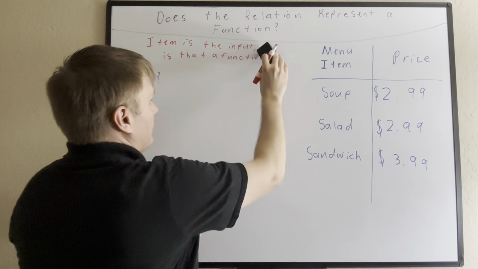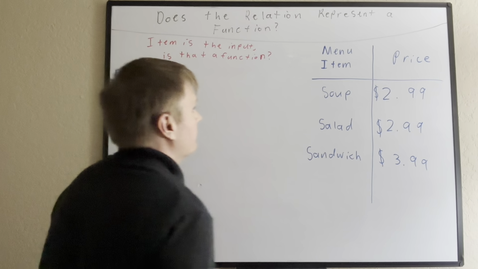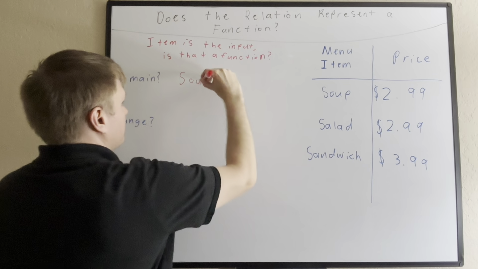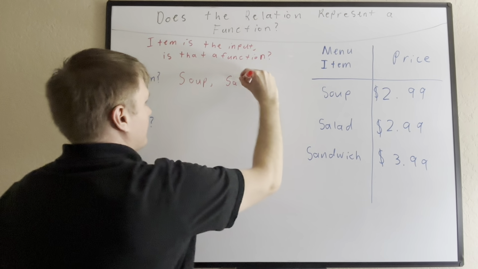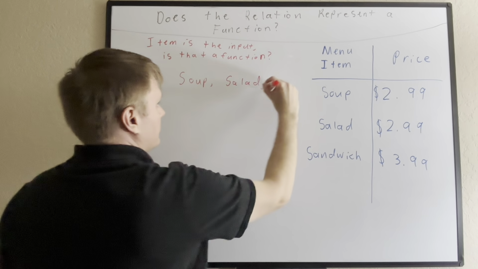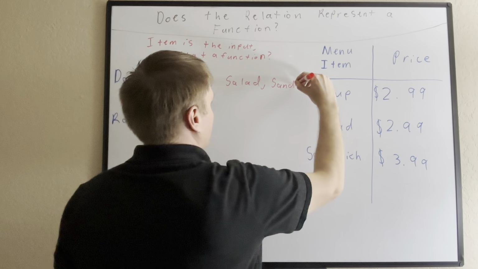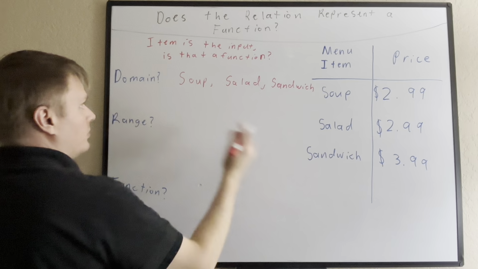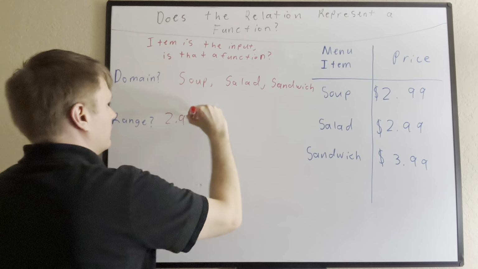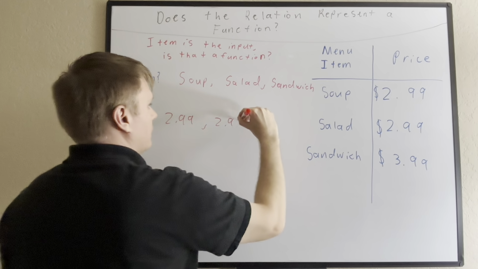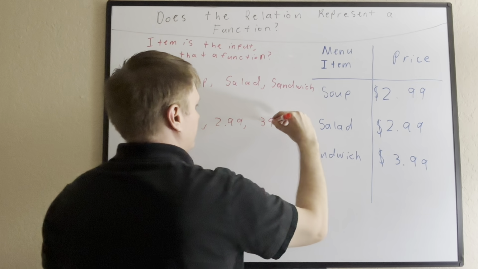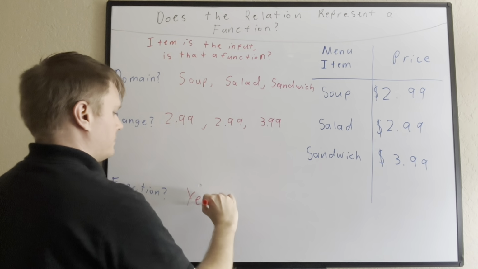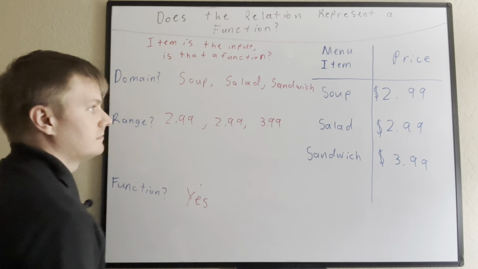When the item is the input. Let's see. We have 3 inputs, all of them different. So I think it's safe to say this is a function. Soup, salad, sandwich, right? And the prices, $2.99, $2.99, and $3.99. Yeah, that's a function. We don't repeat any of the inputs, so we're fine.